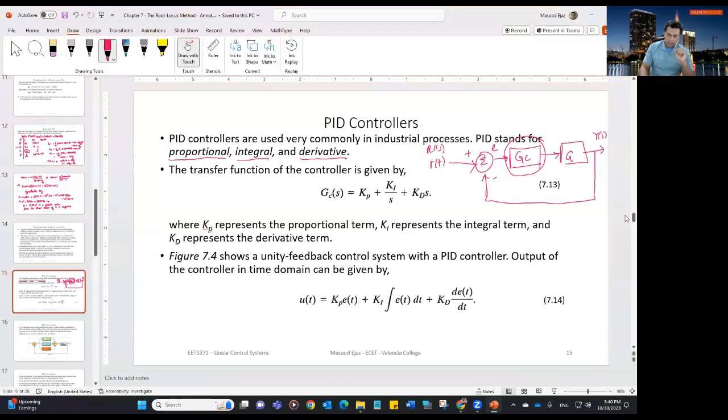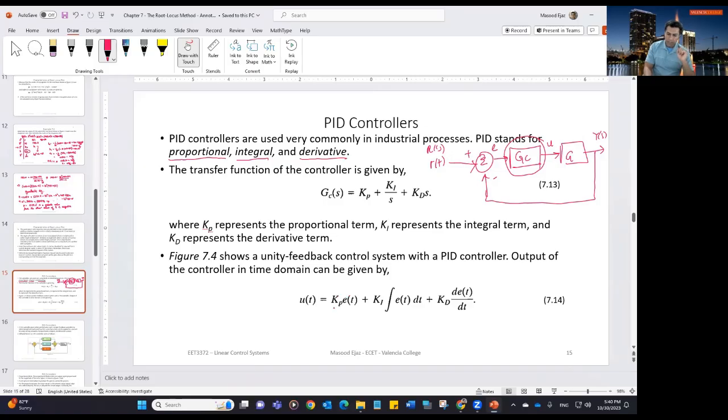All right, let's look at it in the time domain first. So in the time domain, PID controller, this is the input of the PID controller, E, as I mentioned, and we assume that U is the output of the PID controller. So the output of the PID controller is equal to Kp times E(t). Kp is the proportional, so it's a gain basically.